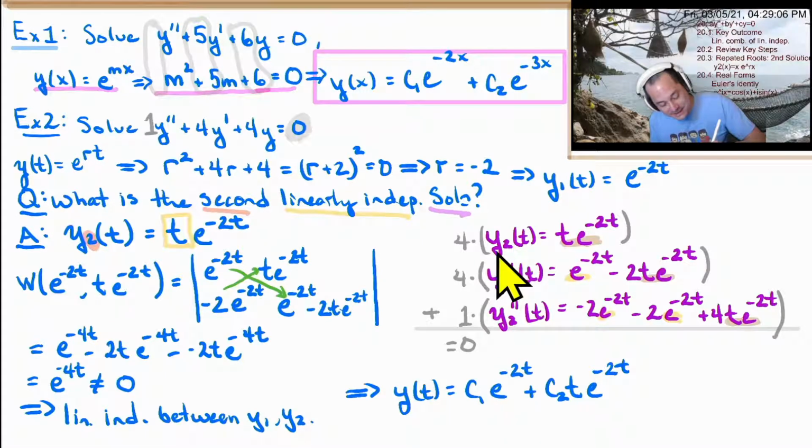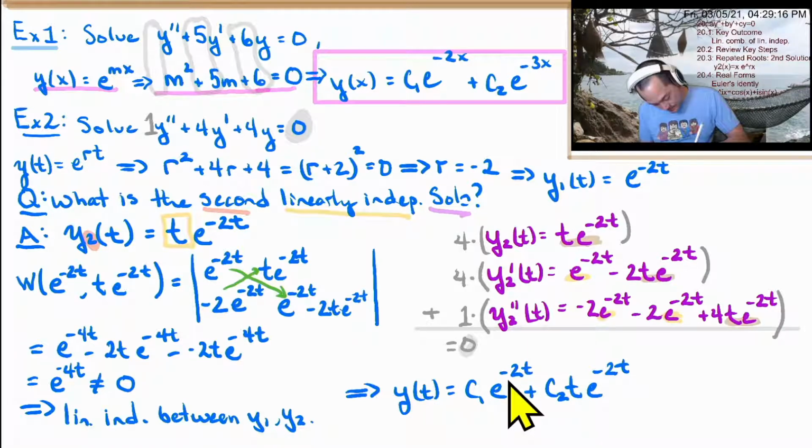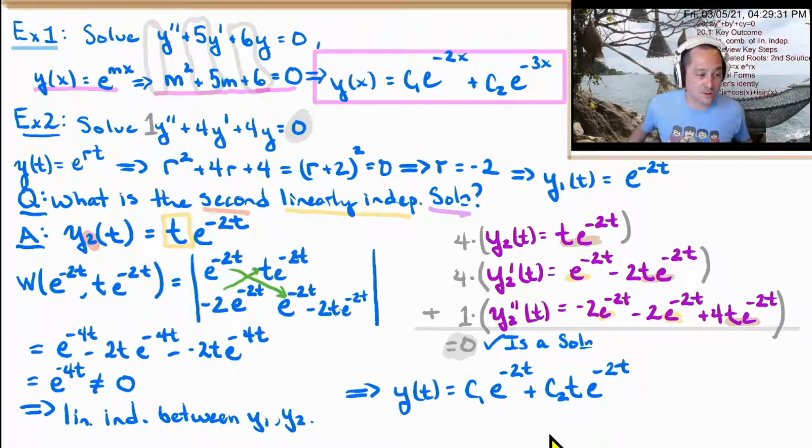And so what it's done is it's shown that if I write down te to the negative 2t, that is indeed a solution. I was confused because I didn't know where you got the 1, 4, and 4 from, but I see it now. Great, okay, great. And so check, it is a solution. That's what I'll add there so that we have that.